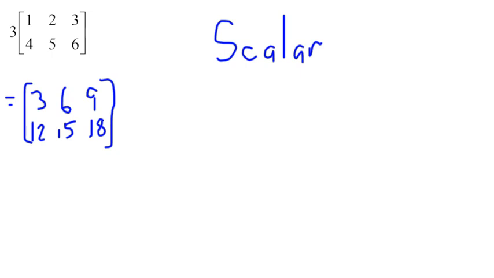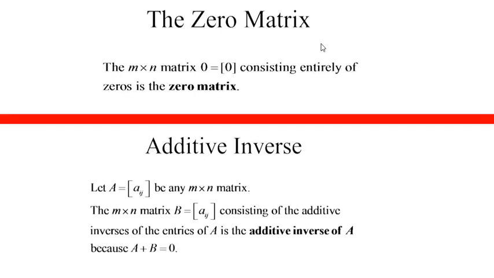You can think of it as a coefficient in front of a variable, just being multiplied, you have to multiply it through to each entry. Two special types of matrices we're going to talk about, the zero matrix and additive inverse. First, the zero matrix is an M by N matrix where each entry is equal to 0. Pretty straightforward. Zero matrix, each entry is 0.